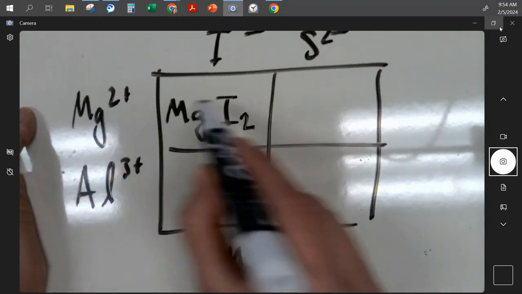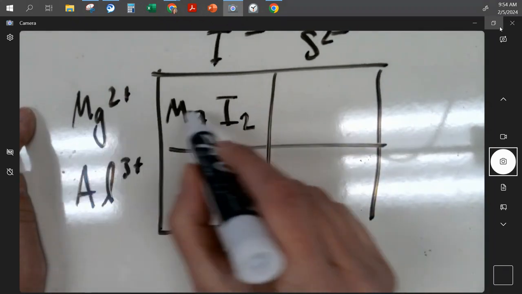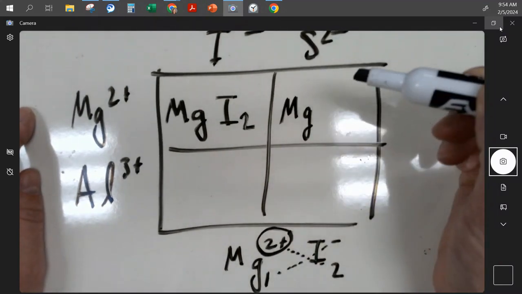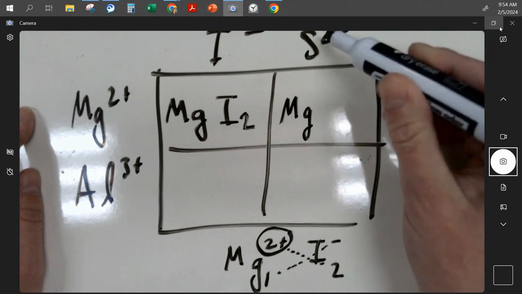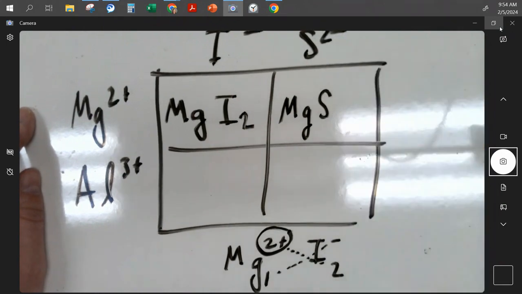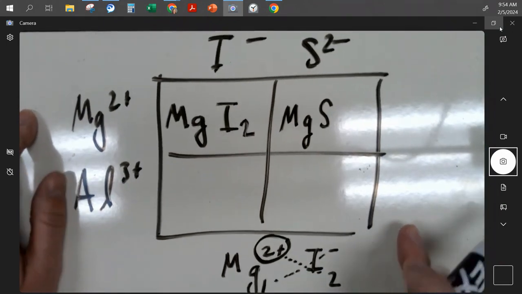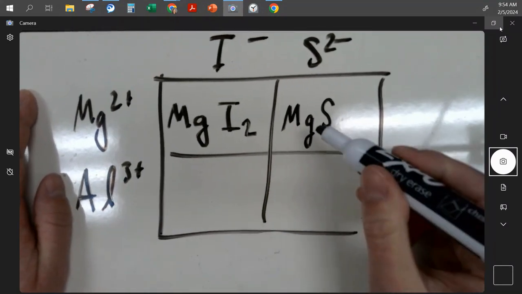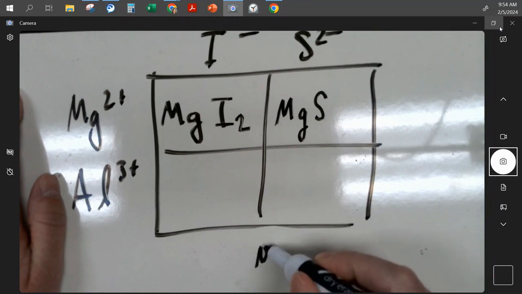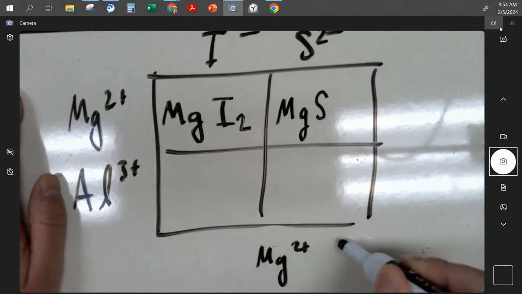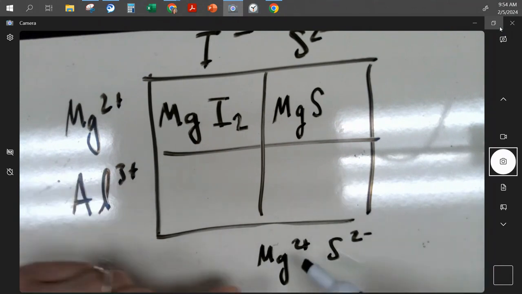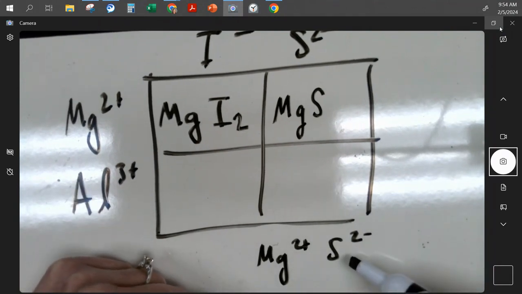Okay, I'm just going to go across the top. The next one, I would do Mg and S. The Mg has to go first because it's a cation, and then sulfur has to go next. I can show my work somewhere else. I cannot write the charge in the formula, so I have Mg2+ and I have S2-. I could think about this and say, this one's 2+, this one's 2-.